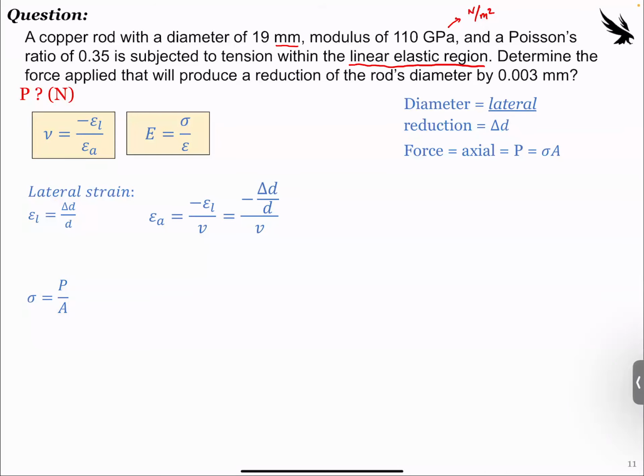Plugging in our lateral strain into the numerator and moving that D over, the axial strain is equal to the negative change in diameter divided by the original diameter times the Poisson's ratio. To keep it constant from before, I was showing D naught, our original diameter, which is 19 millimeters.